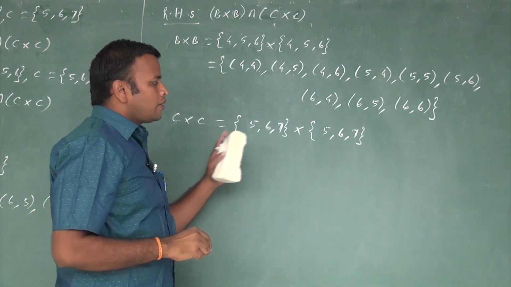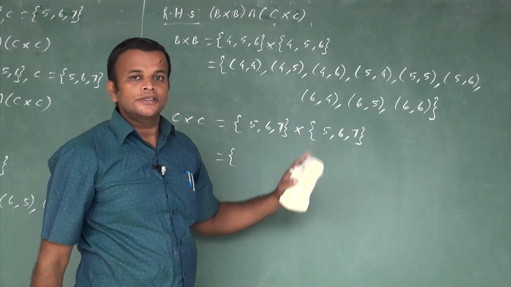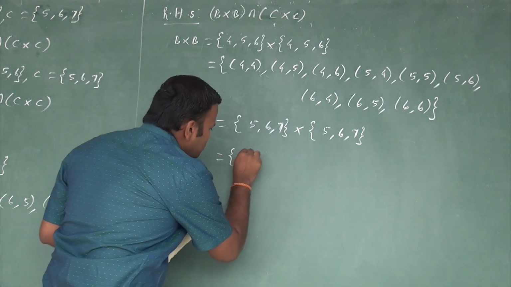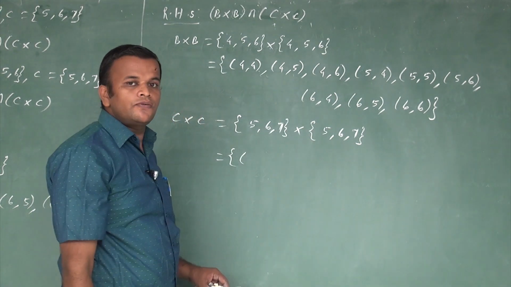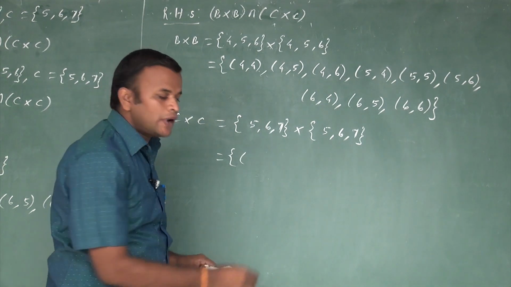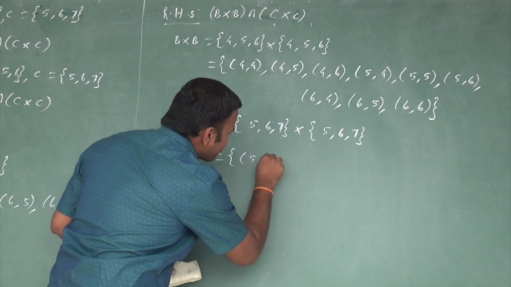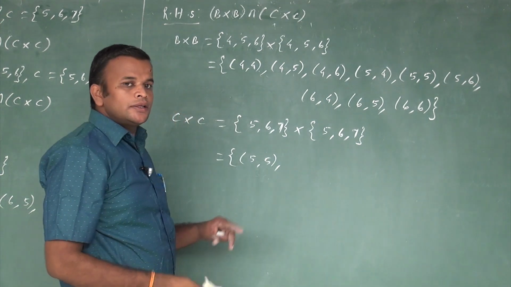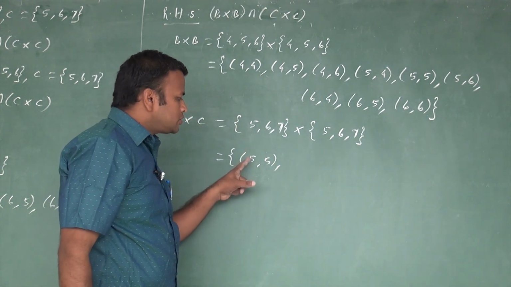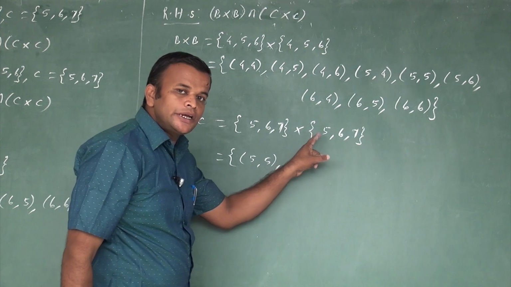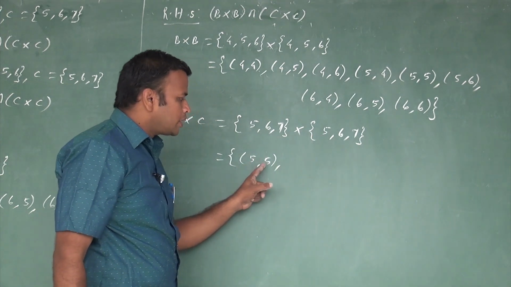Now to find the Cartesian product of these two sets, in the same way, what is the first possible ordered pair? That is 5 comma 5. How does 5 comma 5 come? The first element in the first set is 5, and the first element in the second set is also 5. So we write 5 comma 5.